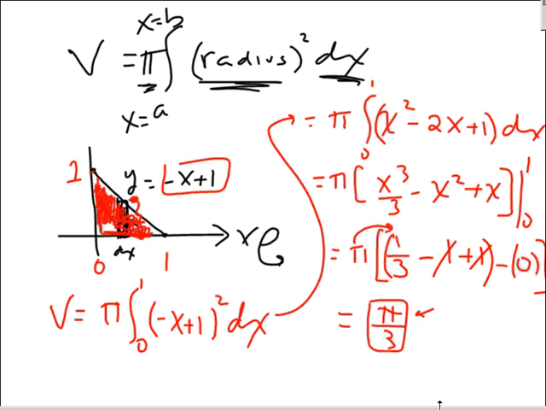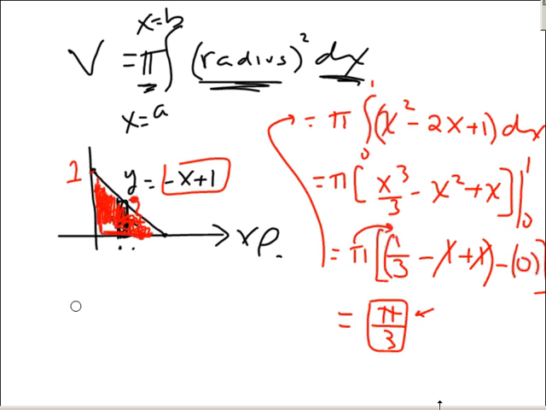Let me draw it somewhere, and let's see if our answer even makes sense. If you're given this problem on an exam, you don't even have to use calculus. You can say, oh, I'm going to get a cone.